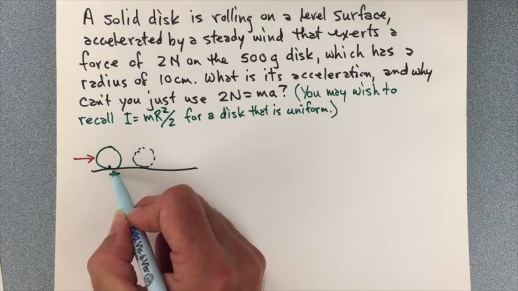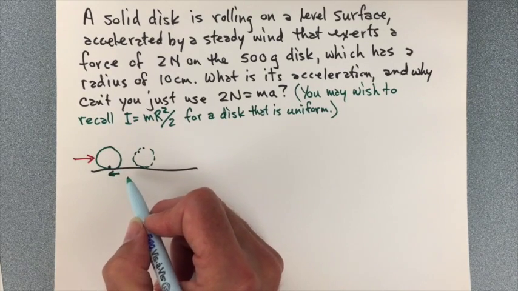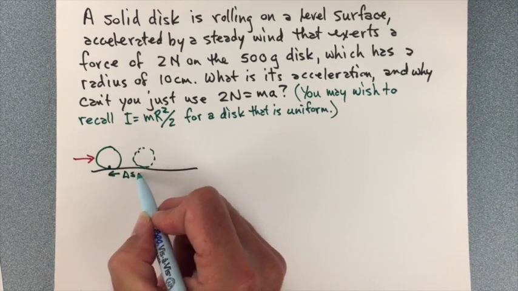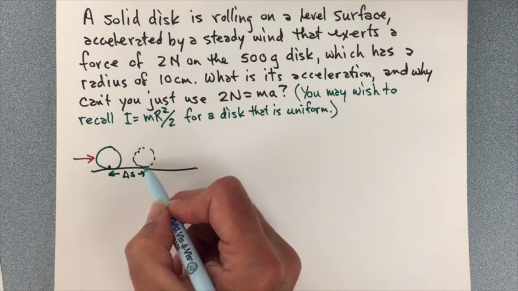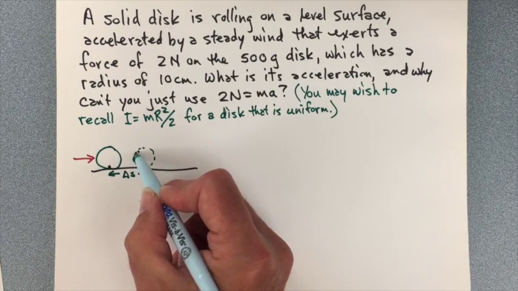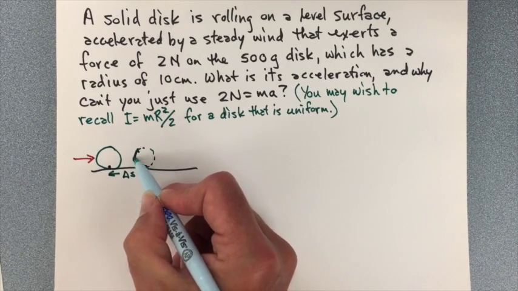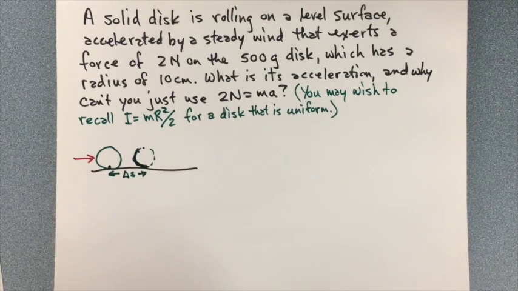So this distance that it travels here, which I'll call delta S, is equal to this distance on the surface of that disk. Those are one and the same, because this is presumably rolling without slipping. So this gives us the ability to connect this rotation of this disk with its linear velocity.